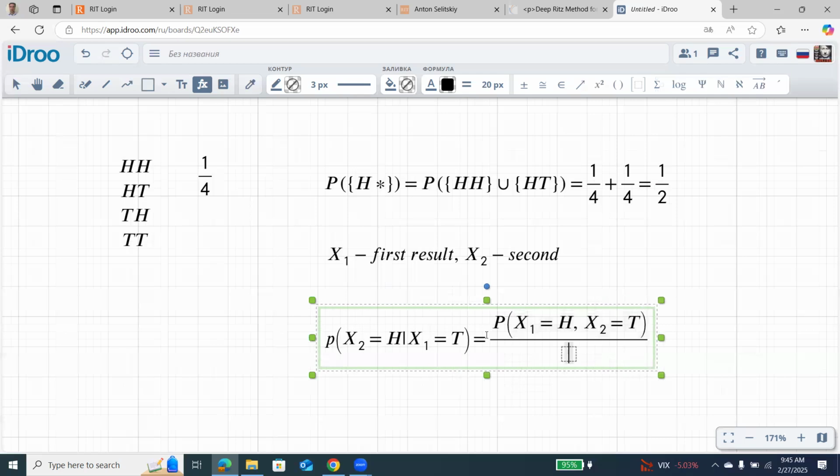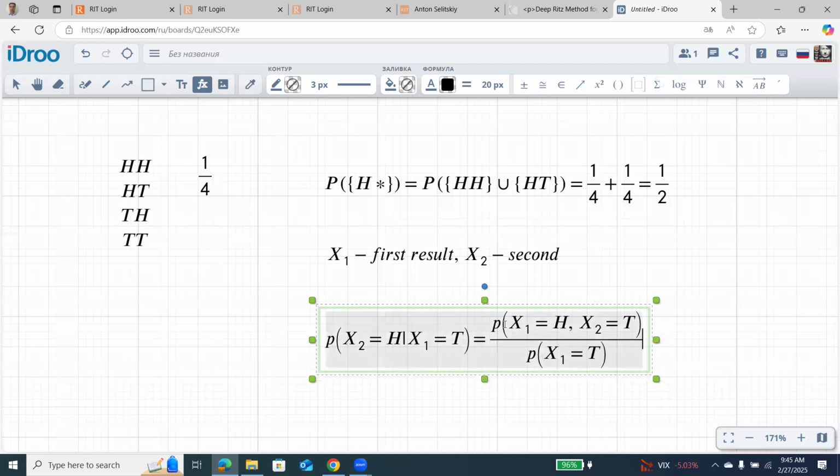So this will be the numerator, and the denominator. Oh, sorry, I'm using capital. Sorry, I should use lowercase. And in the denominator will be the probability of the condition.